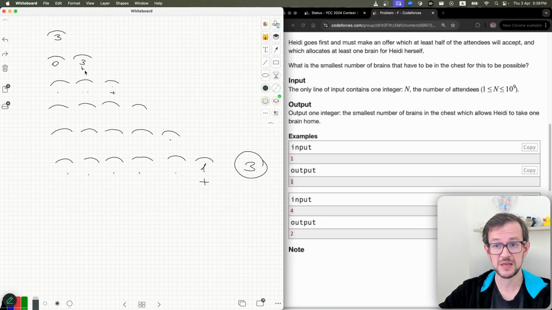If they kill him, they will get 0 and 3 coins. These 2 persons think, if we vote against this proposition, if we kill this person instead, then we will have this situation, and we know how this situation ends. It ends with this person receiving 0, this person receiving 3.